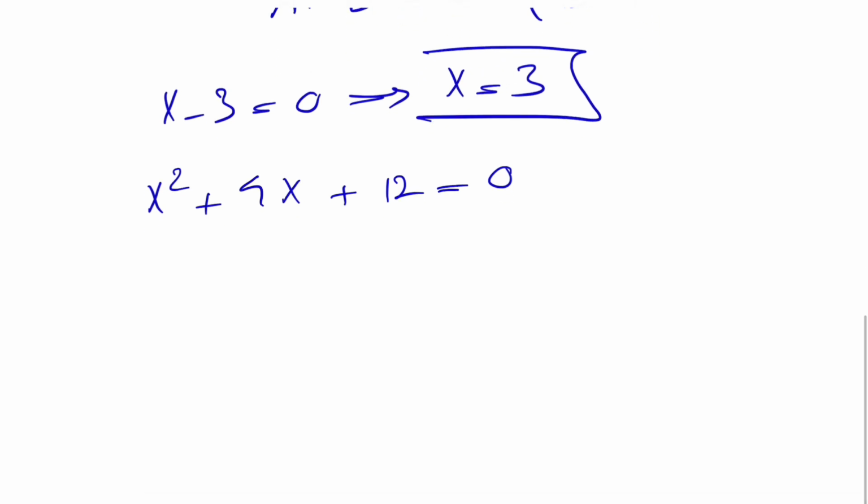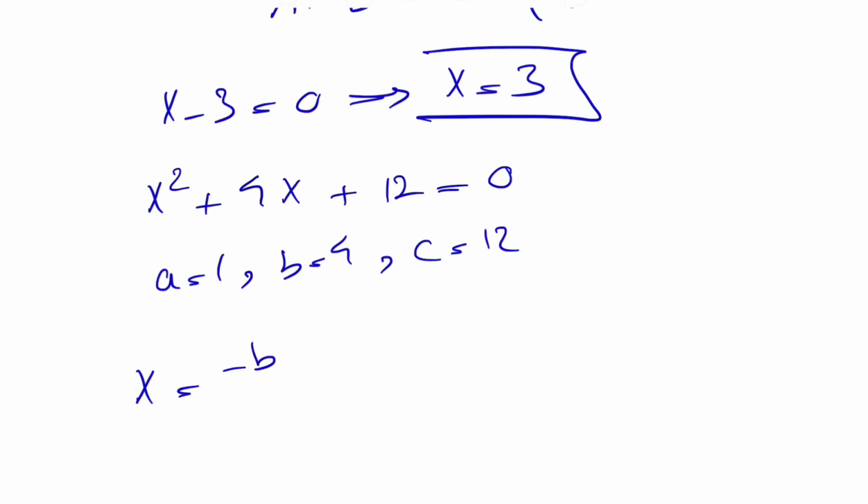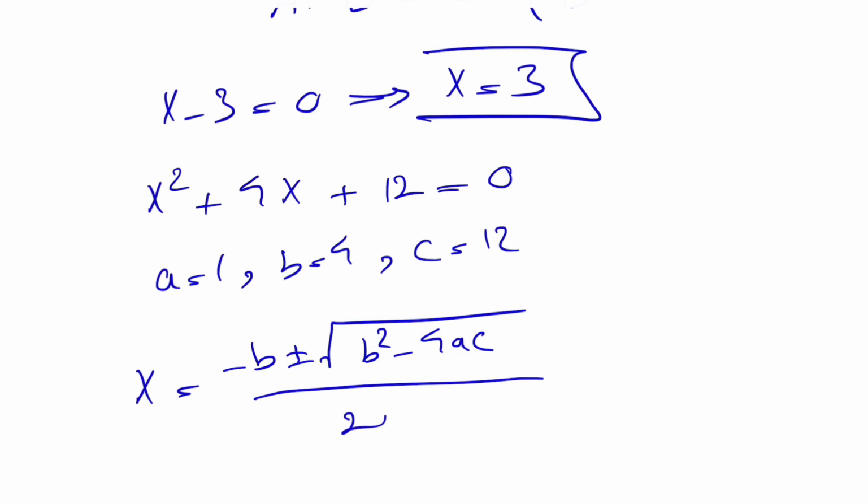And we have a quadratic equation where our a is 1, our b is 4, and our c is 12. So if you want to find the x, we will have minus b plus or minus the square root of the discriminant, which is b squared minus 4ac, divided by 2a.